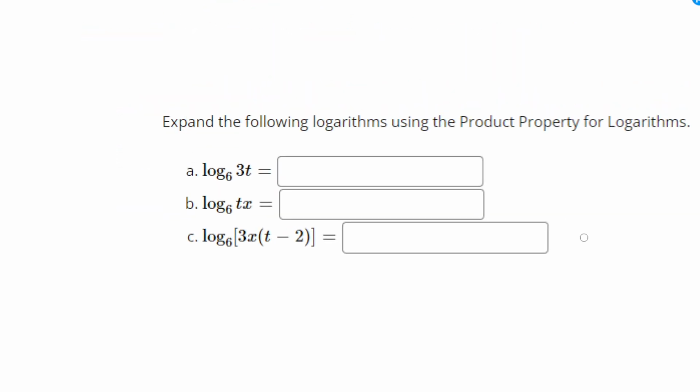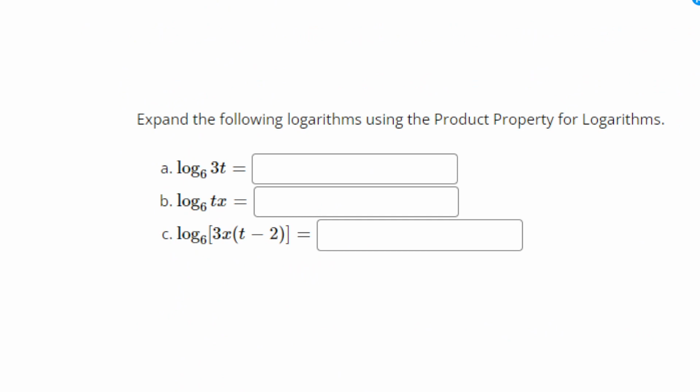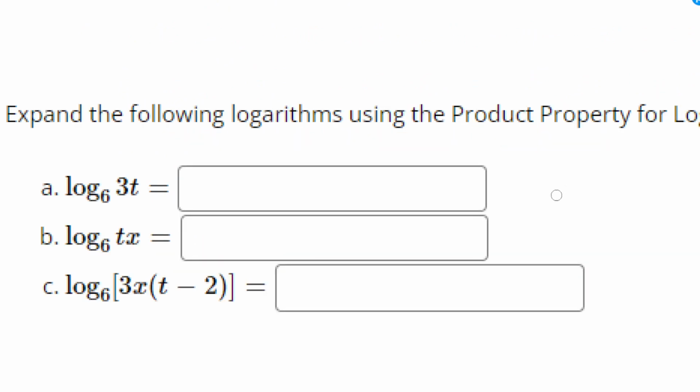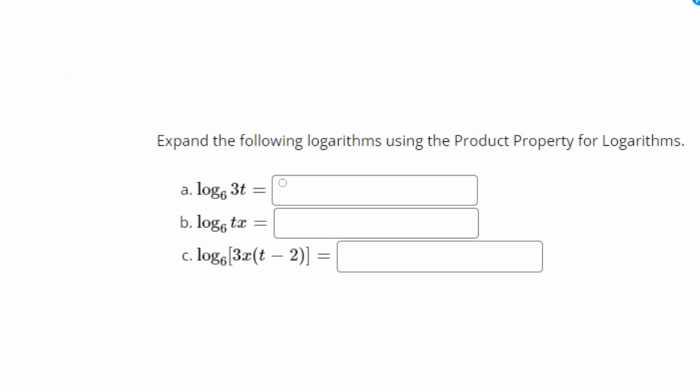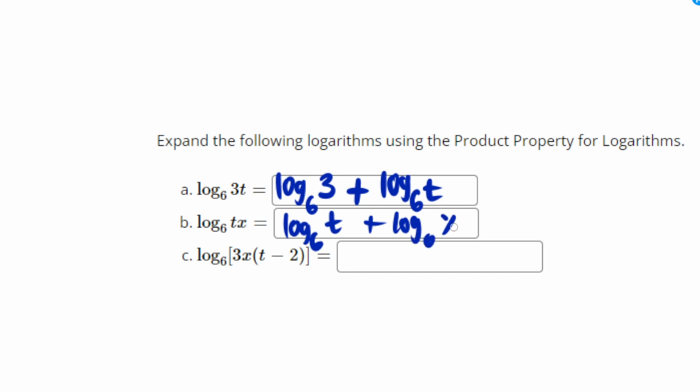Expand the following logarithms using the product property for logarithms. We have log base 6 of 3t. Now, if you remember, we can do log base 6 of 3, and since they're multiplying, we can do plus log base 6 of t. Same for this, log base 6 of t plus log base 6 of x.